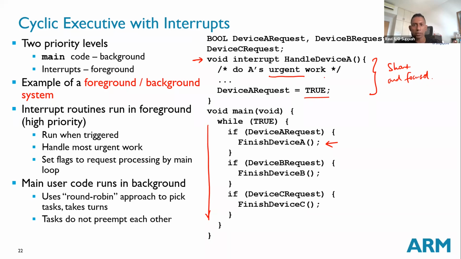Okay, the back-end processing of it is usually delegated to another task, or in this case is completed in the main loop. So that is why we say that we do the urgent work here and then we finish off the work here in the main loop. All right, so that is basically one way in which you can develop your code: a cyclic executive with interrupts.